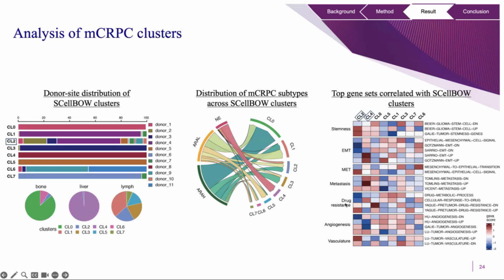It is also highly resistant to drugs. All the pathways are coming up saying that this is a highly dedifferentiated phenotype of prostate cancer, along with angiogenesis and vasculature. So our assumption is that this is one of the most aggressive subtypes of prostate cancer, which is yet to be found.